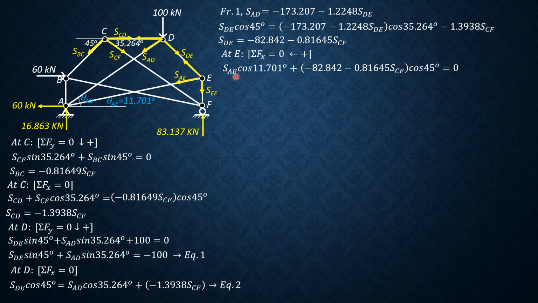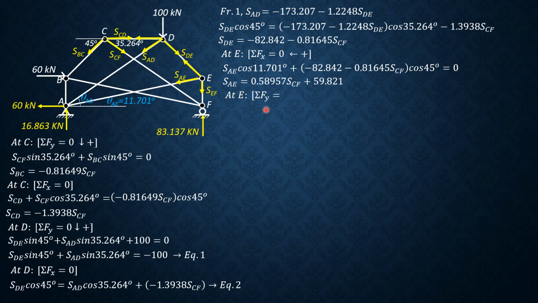So SAE can be expressed in terms of SCF. So it is positive 0.81645 cosine 45 divided by cosine 11.701. That would be 0.58957 SCF. Then positive 82.842 cosine 45 to the right, positive, divided by cosine 11.701. That would be 59.821. So that is SAE.